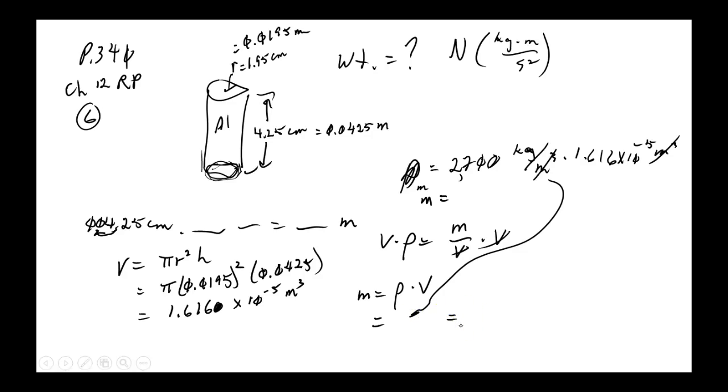So what is that? 2,700 times. You don't even have to erase your screen. If you have that big old long number, 1.616 times 10 to the -5, multiply it by 2,700. That will give you so many kilograms.